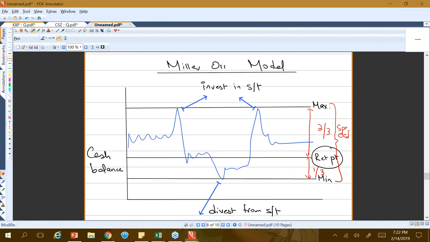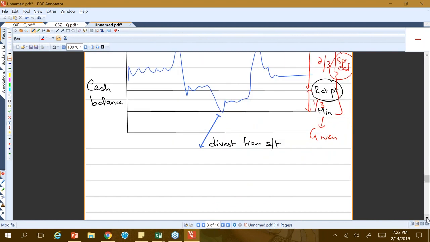Now we can find the spread using our formula sheet. On the formula sheet, you've got a really nice formula for the spread calculation, which shouldn't be a problem because everything is given in the question. It's just that we should be able to use it. The minimum level will always be given to you. And then the maximum level is simply the minimum level plus the spread.